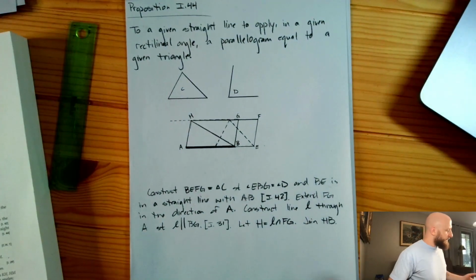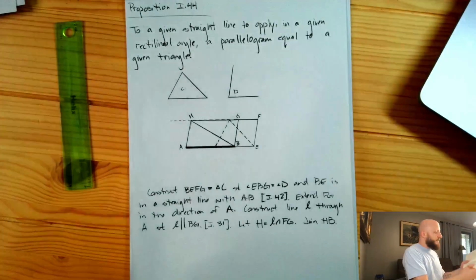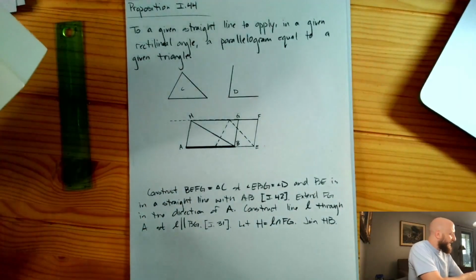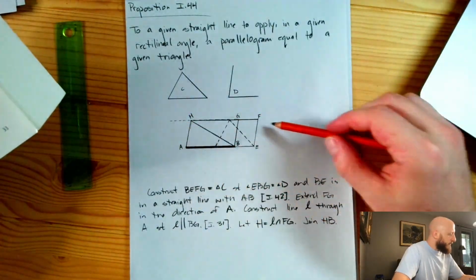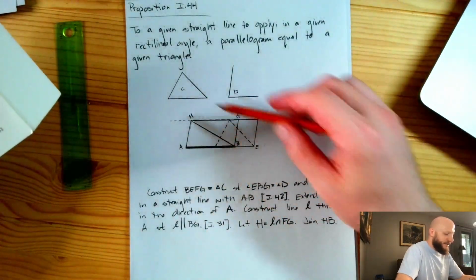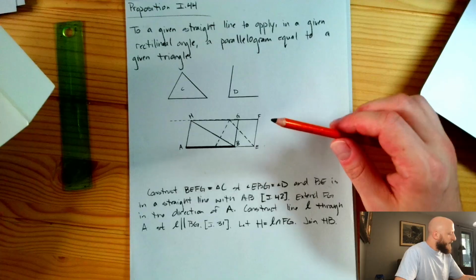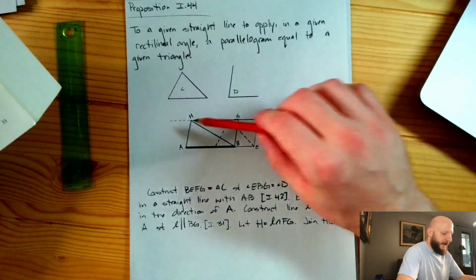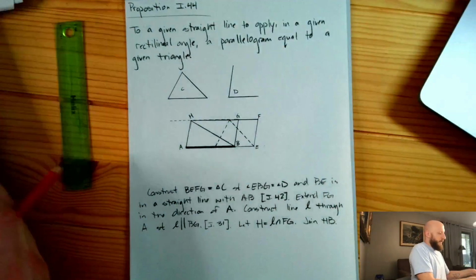And then the next step is, I'll read what Euclid said, and then I'll see if I can paraphrase in a good way. He says, then, since the straight line HF falls upon the parallels AH and EF, it follows from proposition 29 that the angles AHF and HFE together make two right angles.